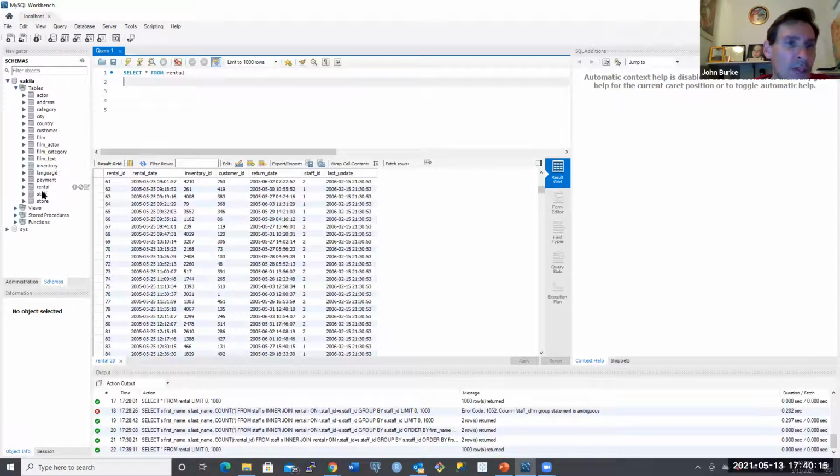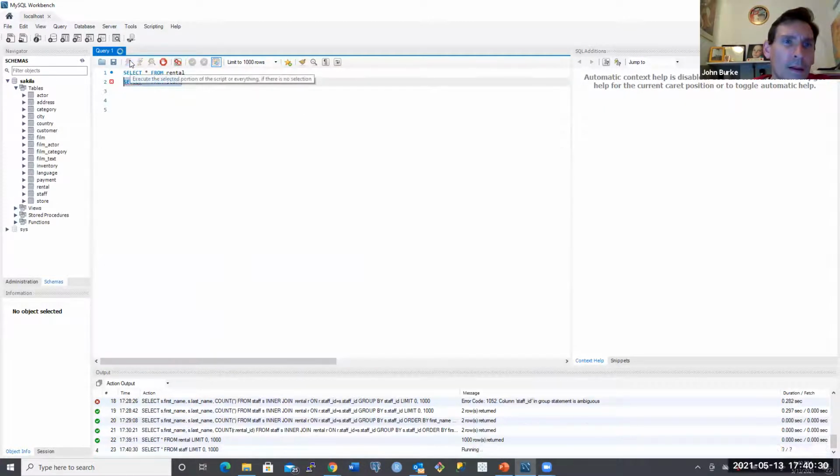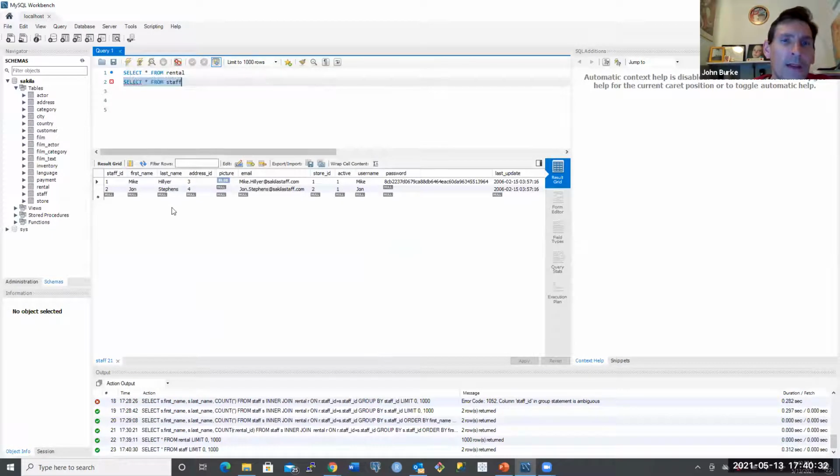We have a table for staff, as that is most likely what we'll be using. Let's see what's in there. We actually see that there really are only 2 staff members, Mike Hillier and John Stevens.